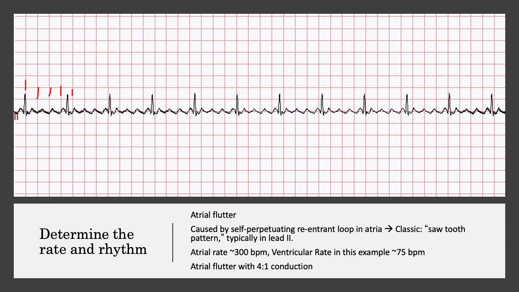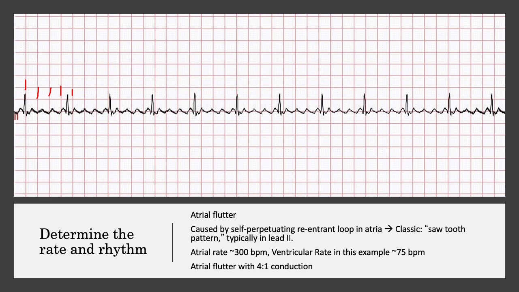So as a reminder, atrial flutter is a self-perpetuating reentrant loop in the atria. It's basically this wave of electrical activity that is moving circularly through the atria, and that's what's causing that sawtooth pattern, typically seen best in lead 2. The rate of that atrial wave is about 300 beats per minute, and the ventricular rate in this example is about 75, 80 beats per minute.